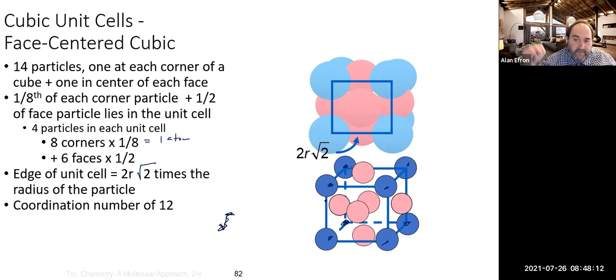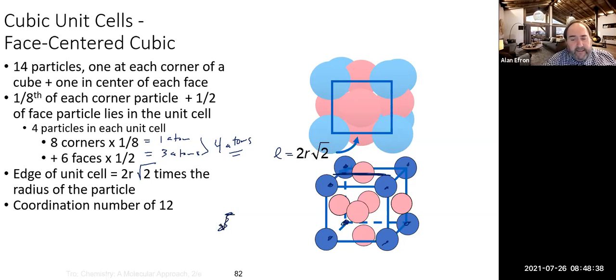So if you go top, bottom, sides, back, all that kind of stuff, these guys are going to get sliced right in half as it gets pulled out. And 6 times a half is 3 atoms. And this guy has a total of 4 atoms present within this cubic cell, with a length of, as I said before, 2 times r square root of 2.